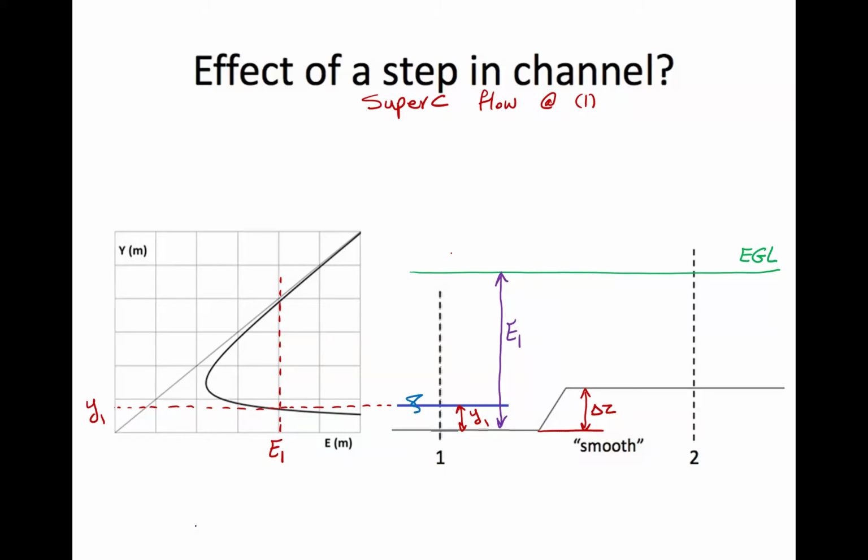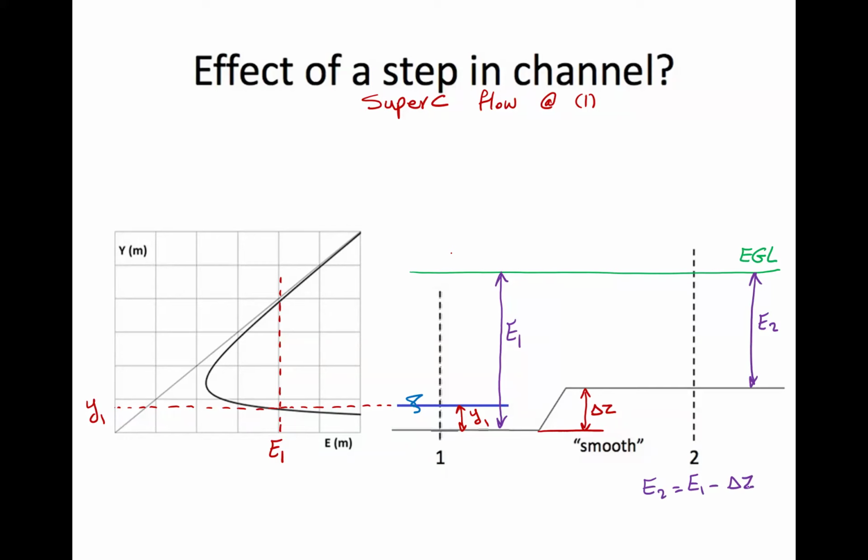At section 2, just like before, total specific energy will be this much, E2, and it is obvious that E2 is equal to E1 minus delta Z. Again, specific energy is defined with respect to the channel bed. So if the channel bed goes up, specific energy goes down, assuming there's no head loss.